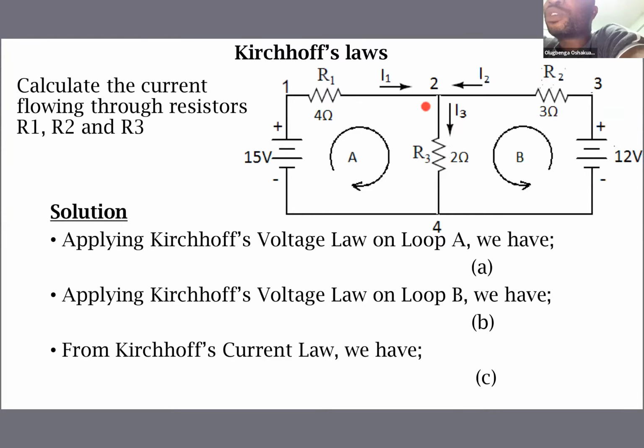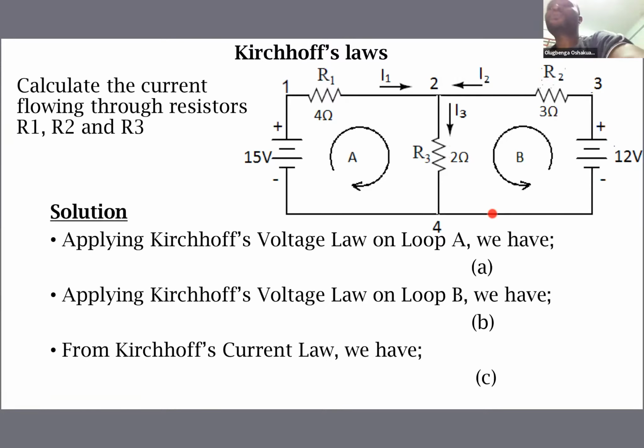So that means that this I1 that is flowing here is the I1 that will flow through this channel until it gets here. I2, which is here, will flow from this point here. While I3 is the current that will flow through this channel. So I3 will flow through this resistor and split into two, split back into I1 and I2.